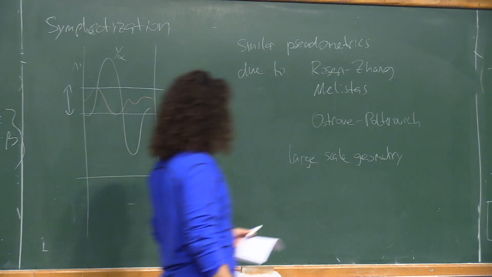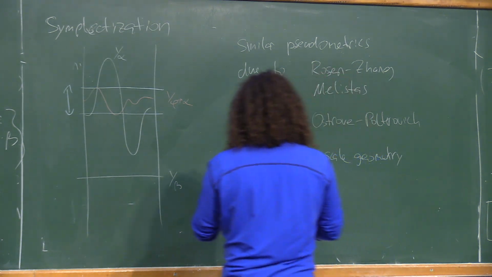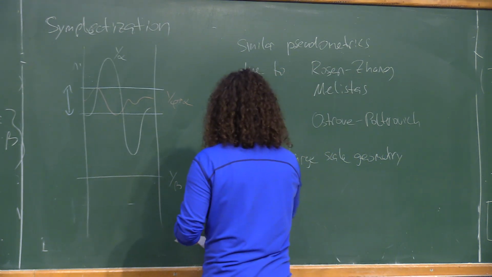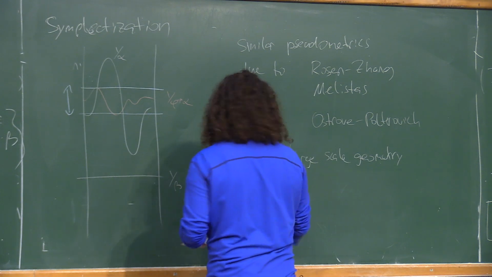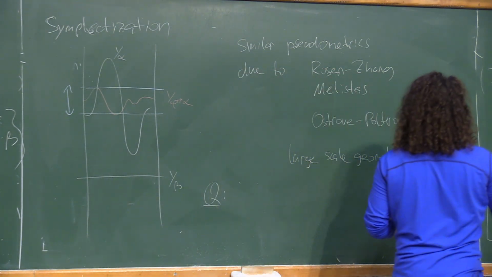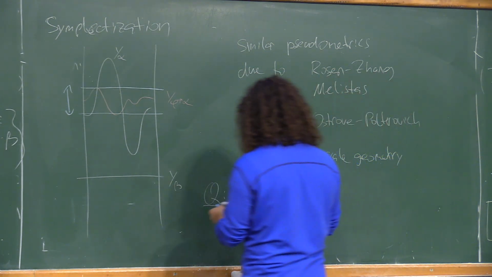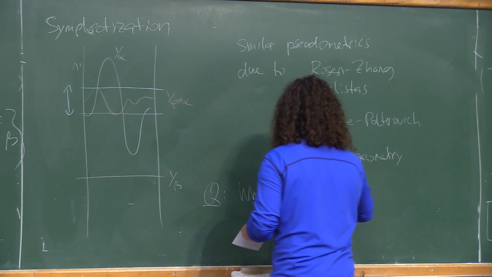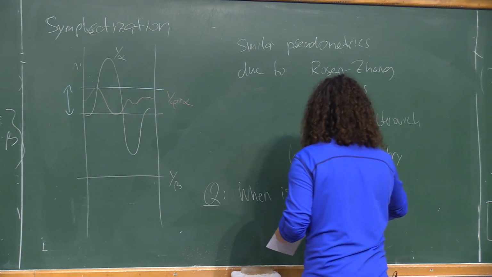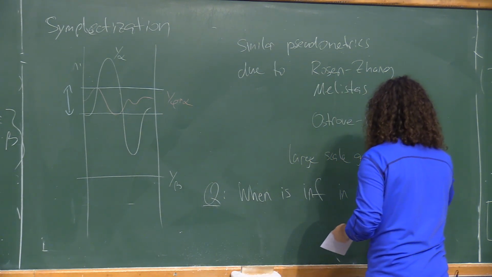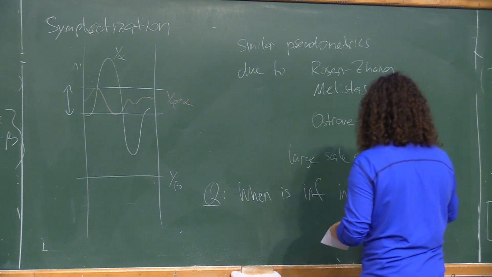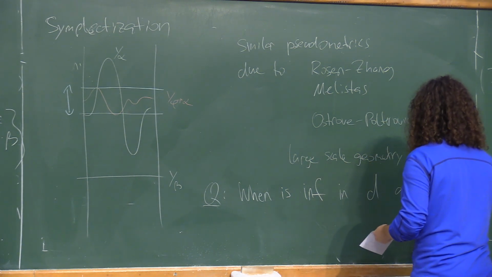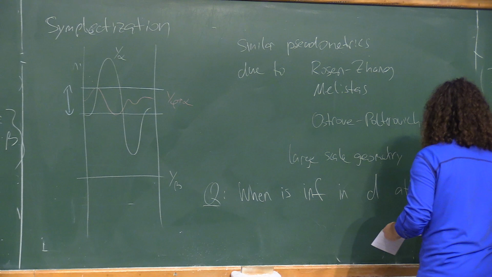Okay, in particular, the question we will be interested in is the following. The important question for these kinds of local results is when the infimum in the definition of this pseudometric D is attained.